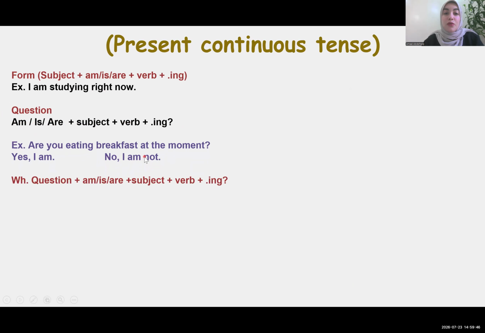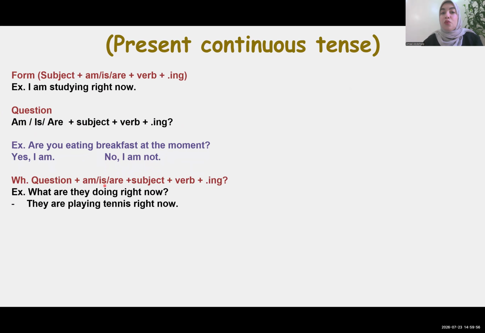We also can use a question using a WH word. For example, a WH word such as what, when, where, why, and so on, plus am or is or are, plus subject, plus verb, plus ing. For example, what are you doing right now? Or what are they doing right now?